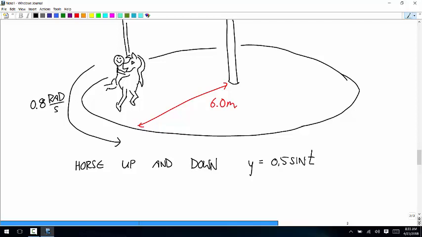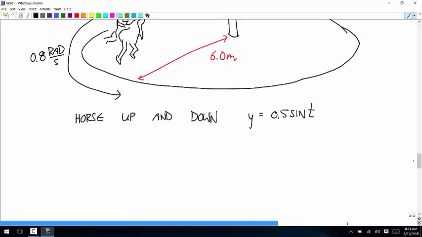Wait, is the answer like 4.8, 7.5? Well, let's go through. The position, velocity, acceleration, you can do all of these with relative motion.